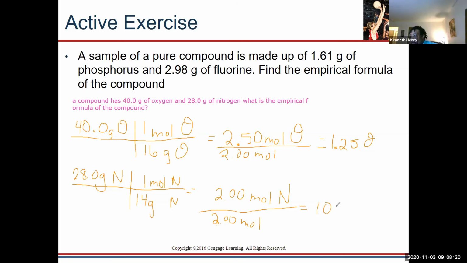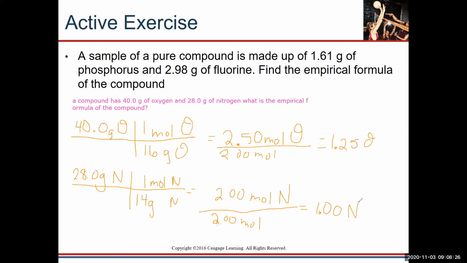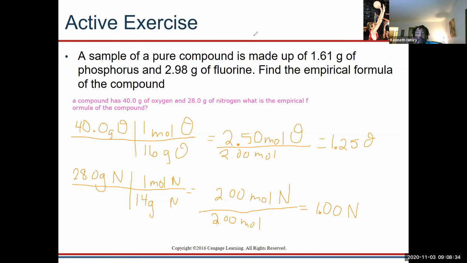Okay, so what would be my empirical formula? Or do I need to do one more thing? The 1.25, you could multiply it by 4. So that's going to be 5. And what I do to one, I have to do to the other. So if I multiply that one by 4, I have to also multiply the other one by 4.